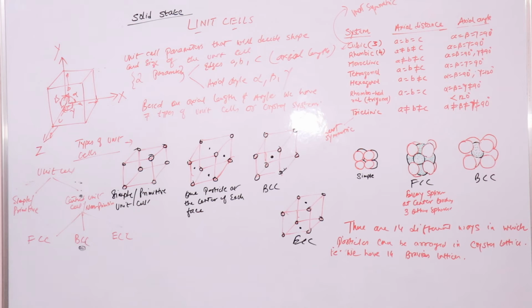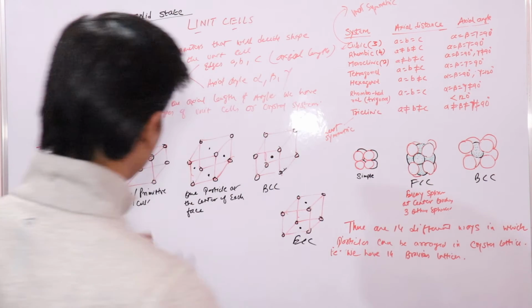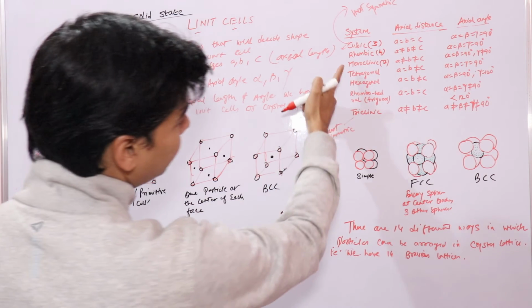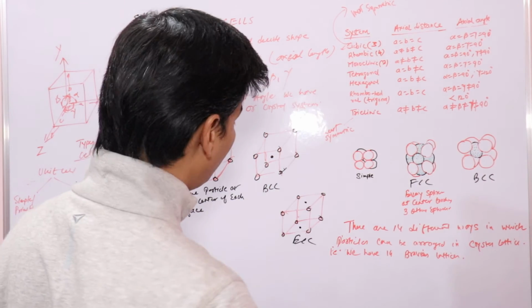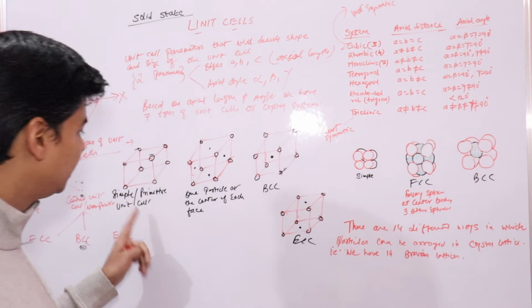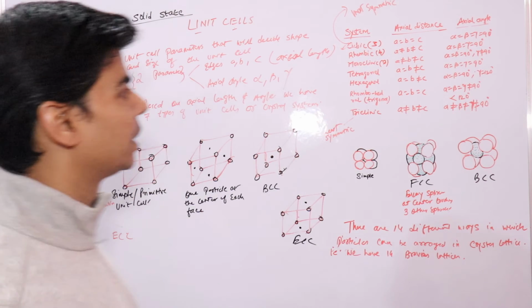There are 2 ways in which particles can be arranged in monoclinic, so we have 2 similar unit cells here. And one more thing I missed: in orthorhombic you have edge centered also. In addition to these 3, simple, FCC, BCC, you have ECC also in the case of orthorhombic.